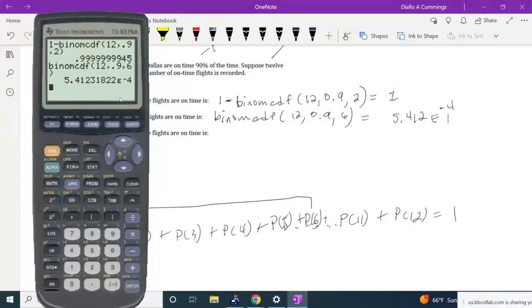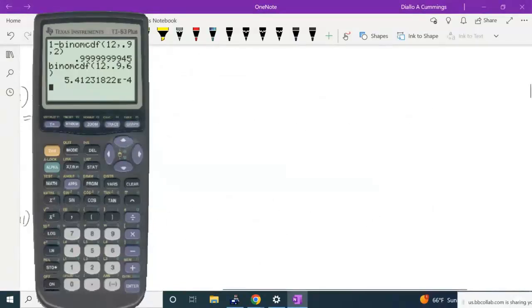So this e to the -4 means, I'm going to isolate it over here, 5.4123 times e to the -4. So I will move my decimal 1 place to the left. That puts it in front of the 5. I will move it 2 places to the left, so I add a filler 0.